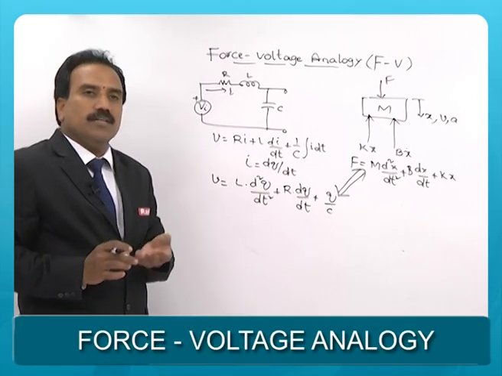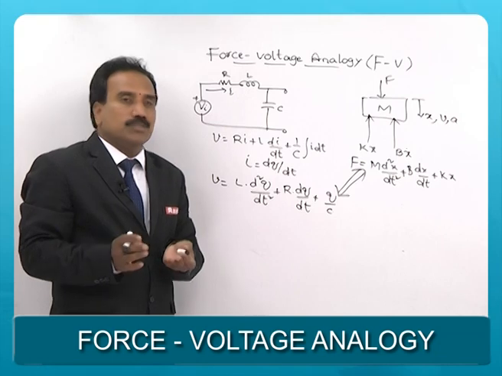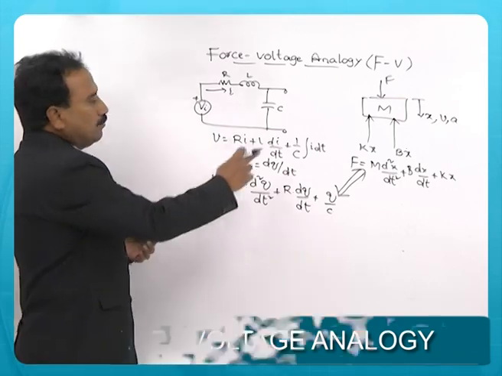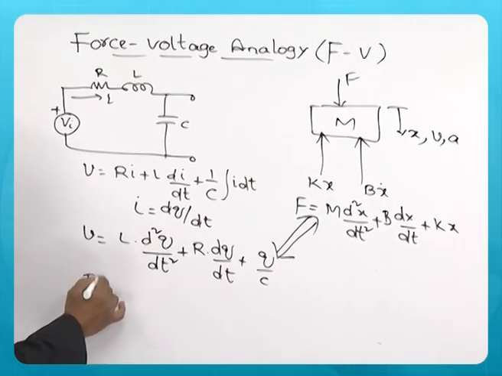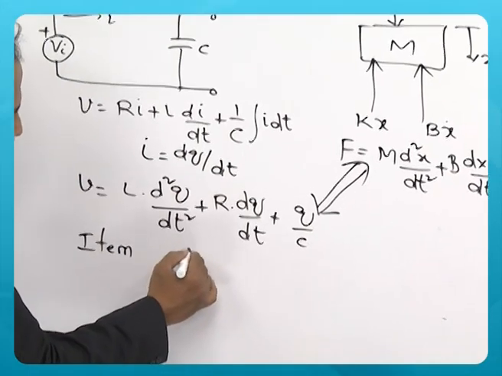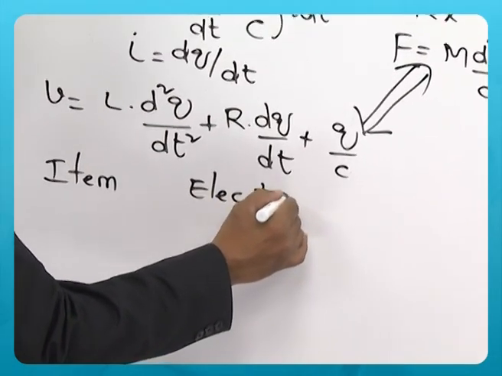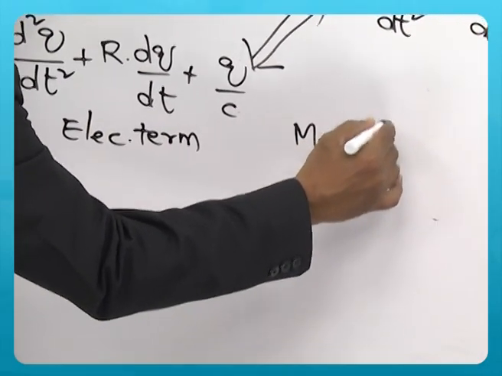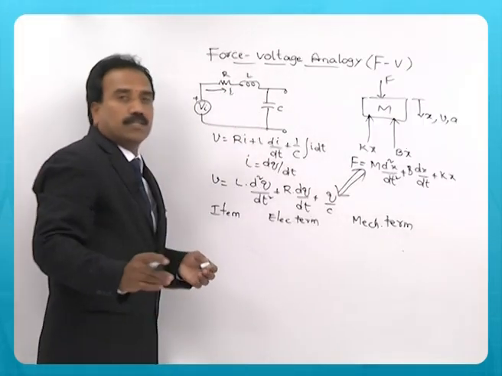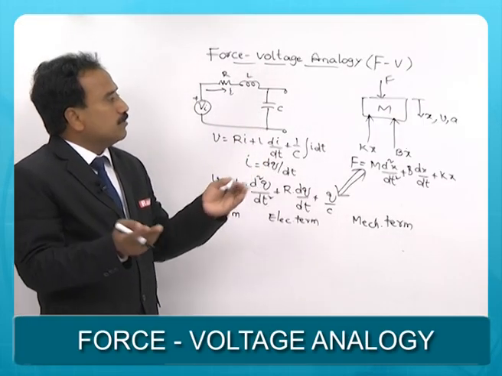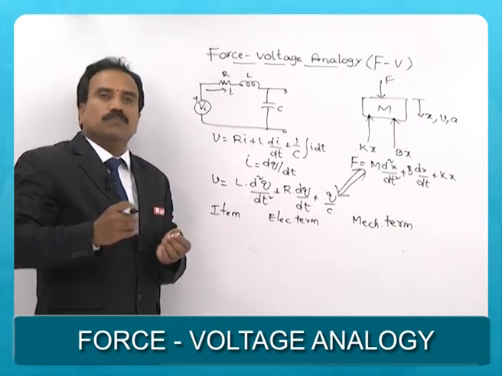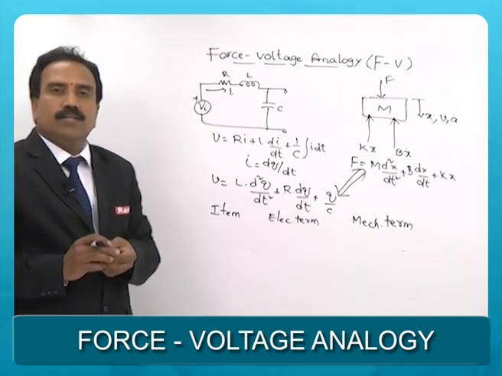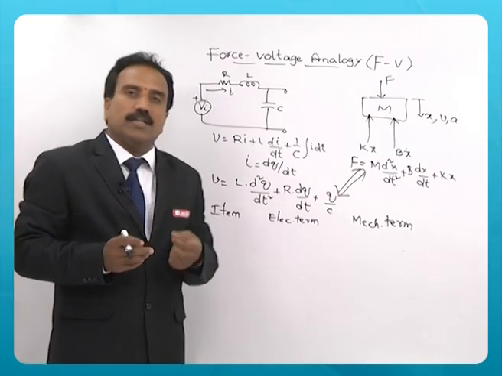Now, you can generate a good number of analogous terms between electrical and mechanical systems. So, let us see with the help of these two equations what is the electrical term and what is the mechanical term that is analogous to this electrical term, so that you can convert the given mechanical system into an electrical system, do whatever modifications you require to give a better output, then convert that system back into a mechanical system.